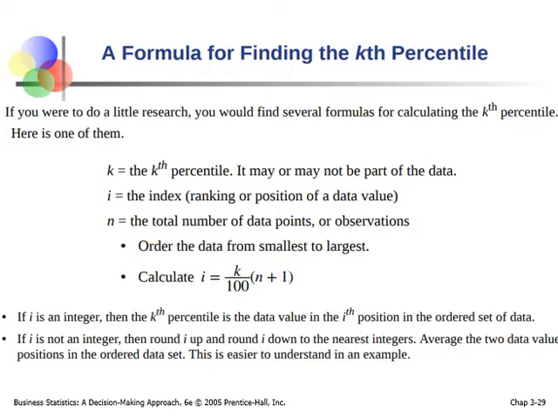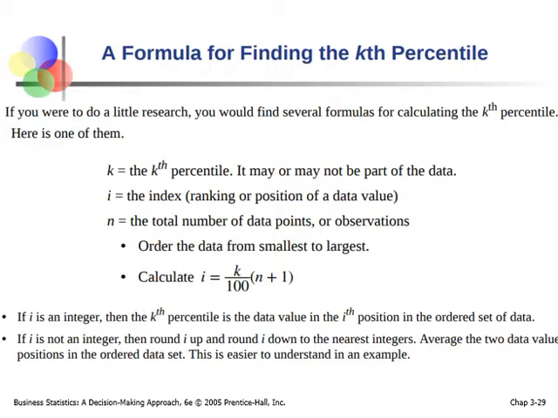Okay, so this is how you find the percentile. These are the variables that you should keep in mind: the k, the i, and the n. The k is your percentile. What percentile do you wish to know?